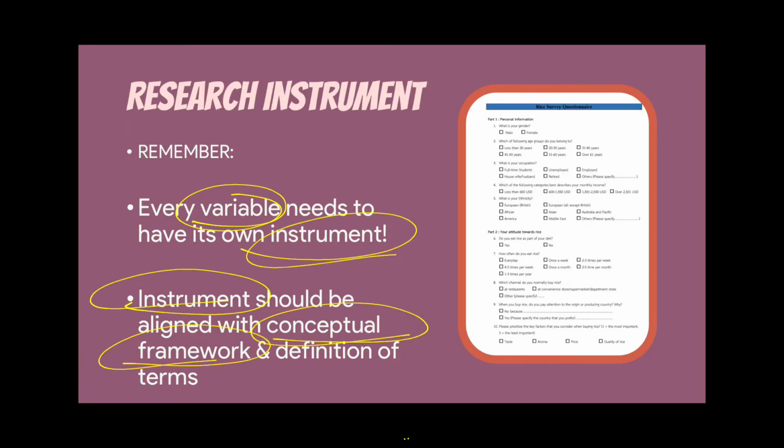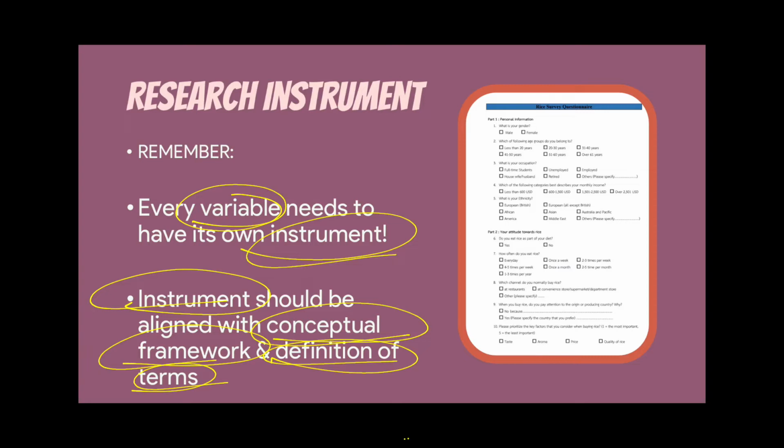So if your instrument says that mental toughness has component number 1, component number 2, component number 3, your definition of terms should also have an operational definition of mental toughness with component number 1, component number 2, component number 3, and finally your instrument should also have indicators that measure these components.